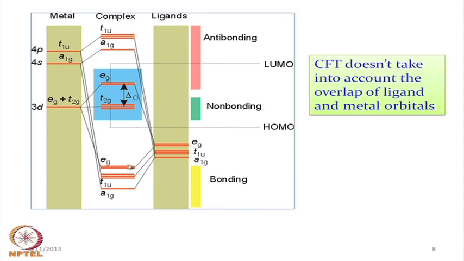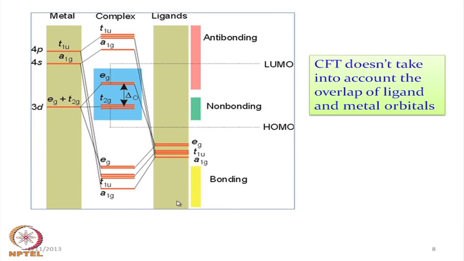The strength of the metal ligand bonding, or the strength of the metal complex, purely depends on this sort of interaction, where we have the 6 orbitals of A1G, T1U and Eg symmetry serving as this blue shaded, yellow shaded region as the bonding level.